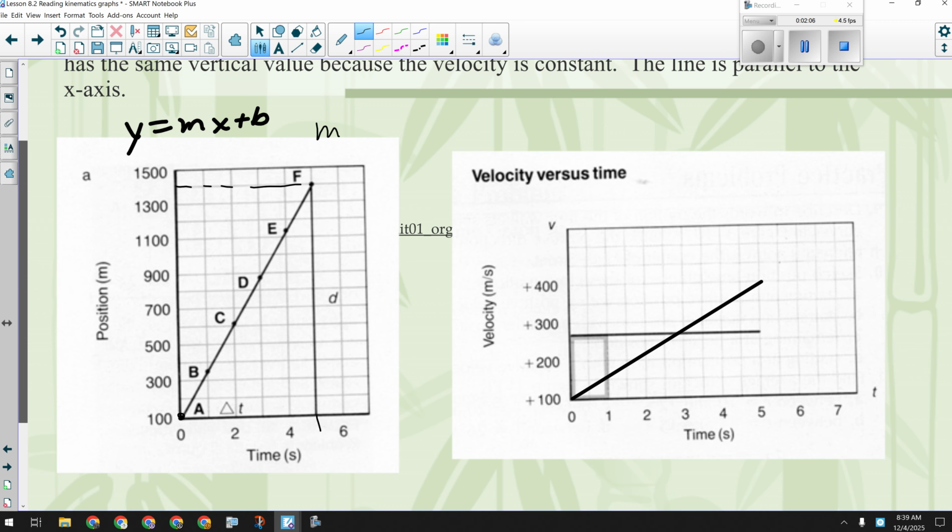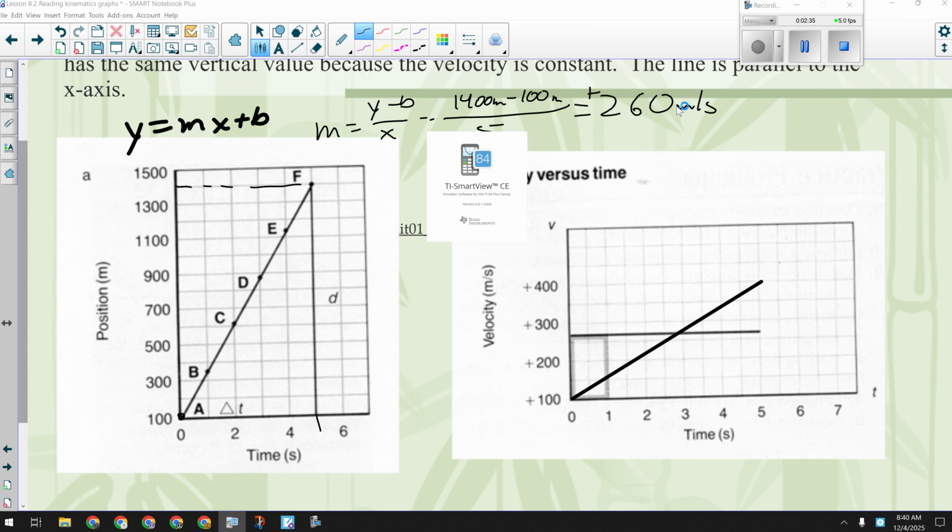So m is going to be y minus b over x, and I'm just going to go 1,400 meters minus 100 meters, divided by 5 seconds. When I do that, I think I should get 260. I'll fire up the calculator so I don't have to guess too much. Positive 260 meters per second. That's stuff we learned on Tuesday.